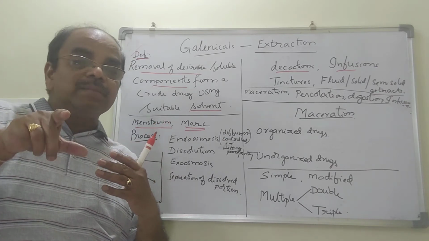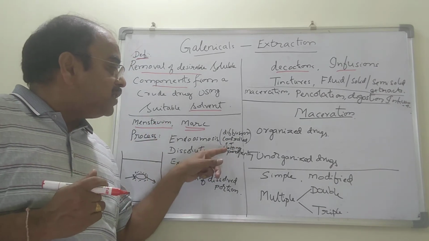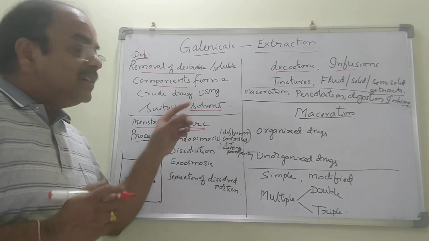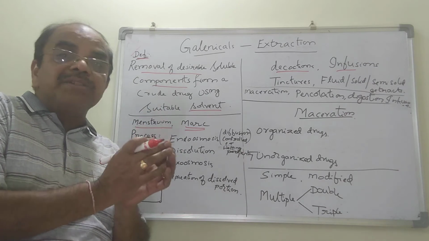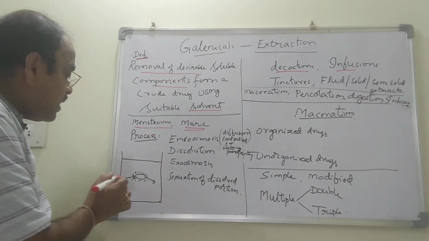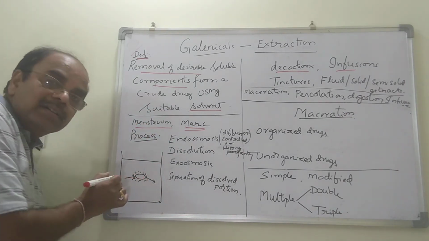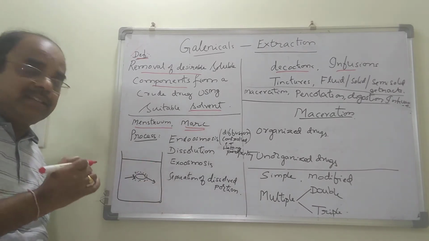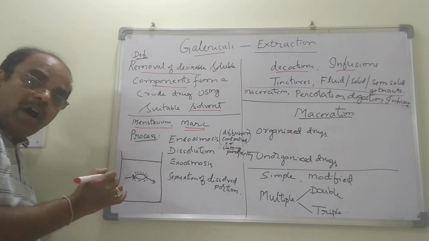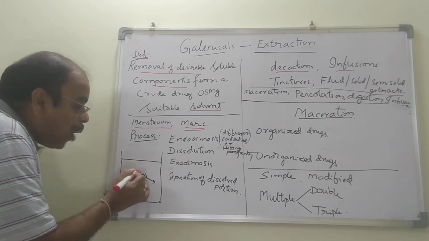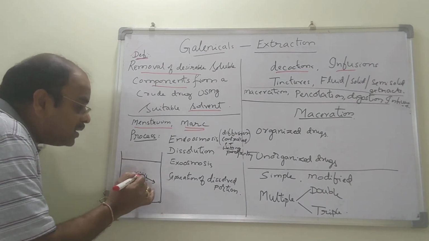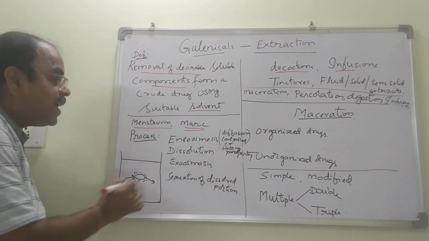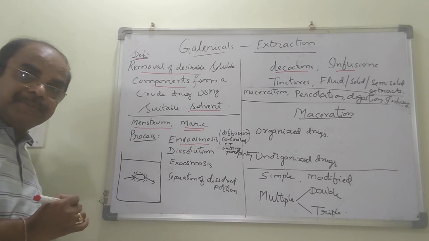This is influenced by the surface tension and wetting property of the solvent, and it is completely diffusion controlled. Here we have a crude drug particle and here we have the solvent, the menstruum. Entry of solvent from outside into the cell wall is called endoosmosis.